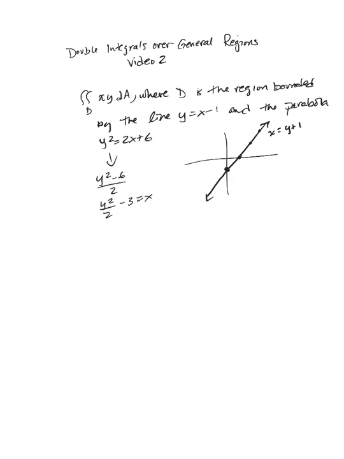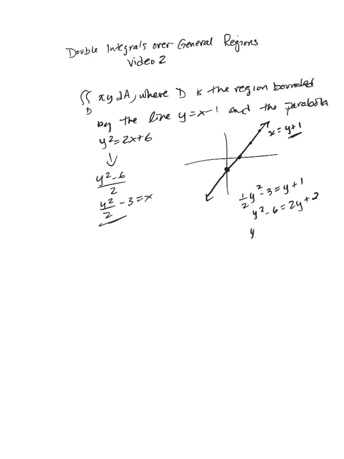Okay, we can get the intersection, so we can get the values of y where they intersect by setting these equal. So this turns into a problem that involves quite a bit of algebra. Okay, but this is one of the reasons we learned algebra, so that we could do more interesting math. So now we multiply by 2, so we get y squared minus 6 equals 2y plus 2.